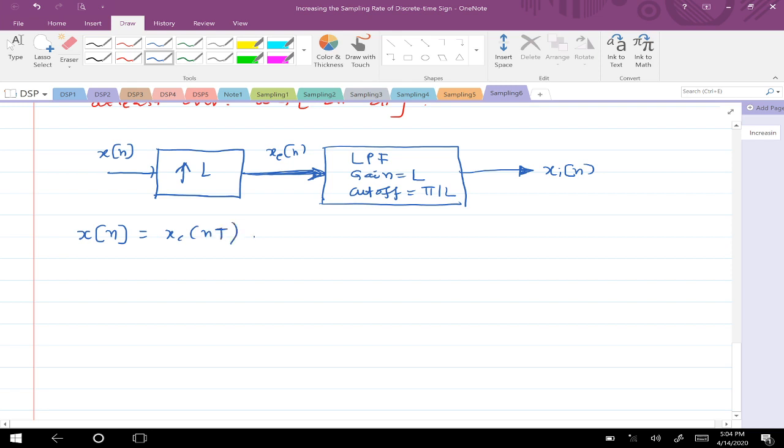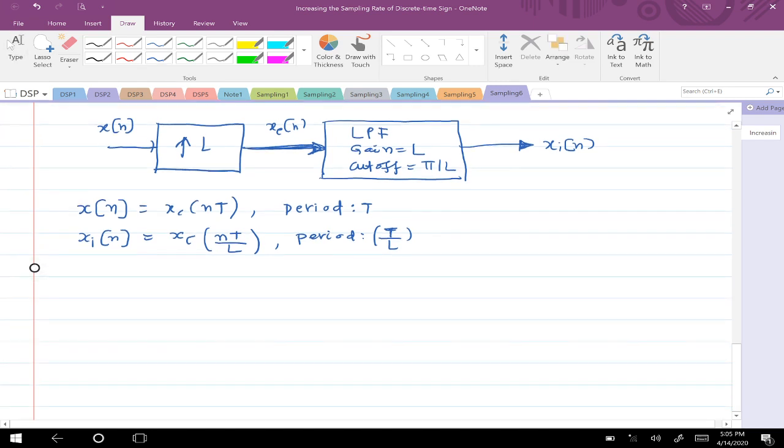You sampled it, that means you have taken samples of the continuous time signal with a periodicity of T, and the second one is obtained as if you are taking samples of it with a periodicity of T by L.